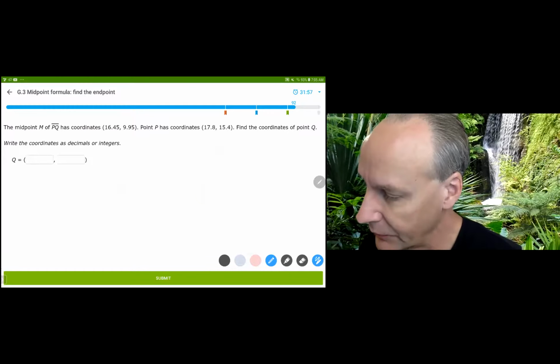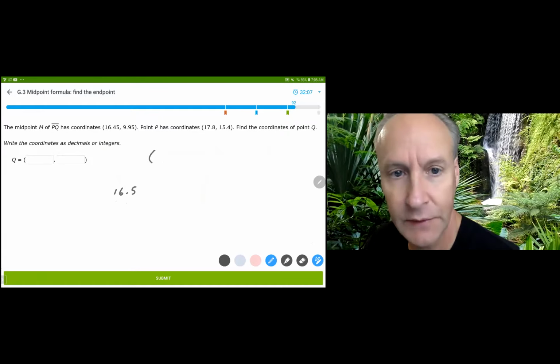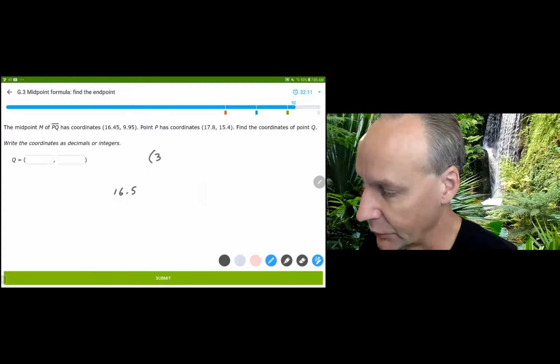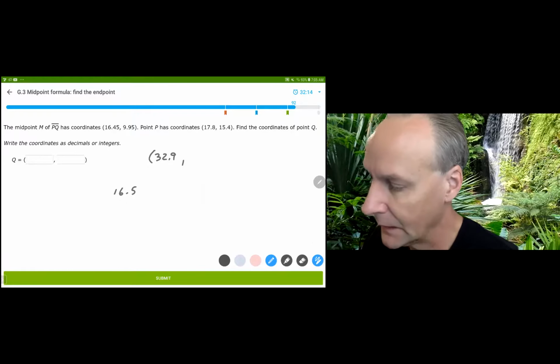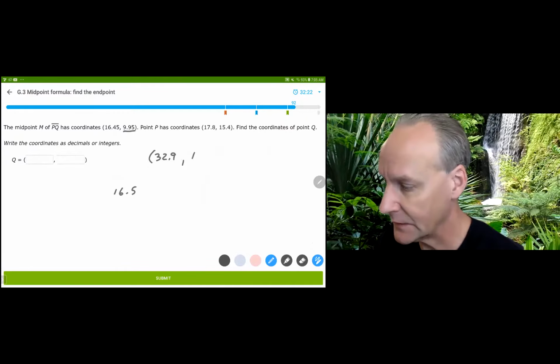Okay, so we're going to double to 16.45. Now that's a little trickier. What I could do is I could double 16.5. That one's easy to double. That's going to give me 33. But I'm almost 33. I'm 10 cents short, so that's 32.9. And then I'm going to be 10 cents short of my $20 when I double 9.95, which is going to give me 19.90.